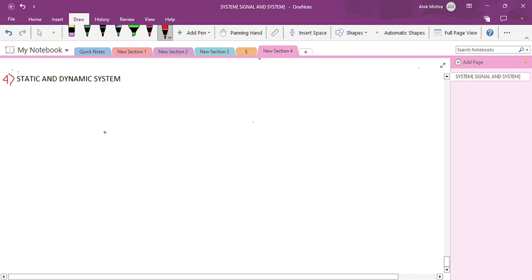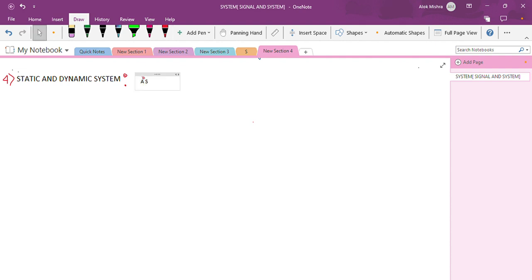In this static and dynamic, first you have to write the definition for this.